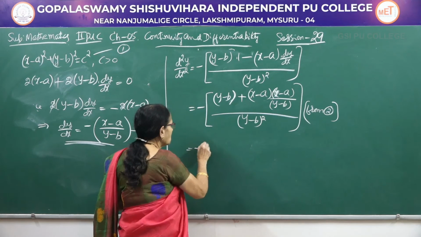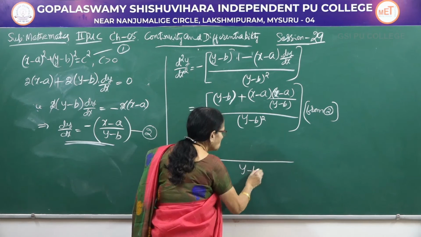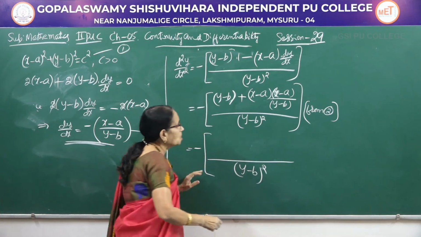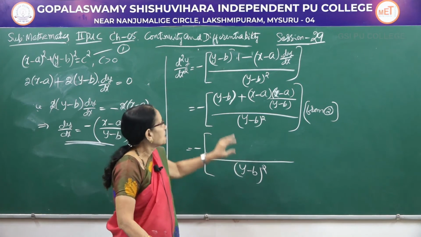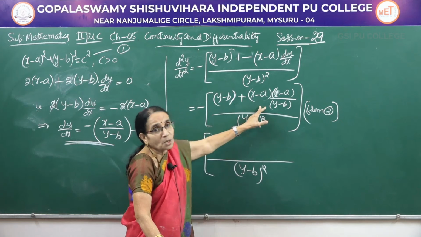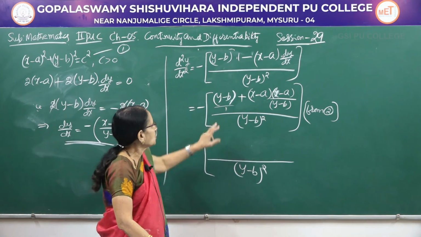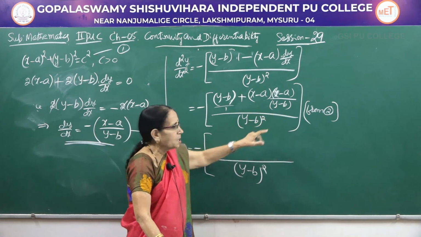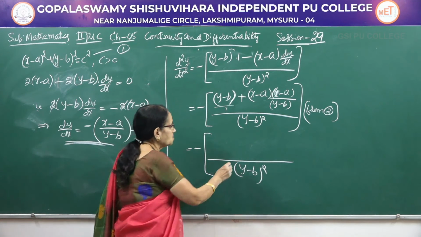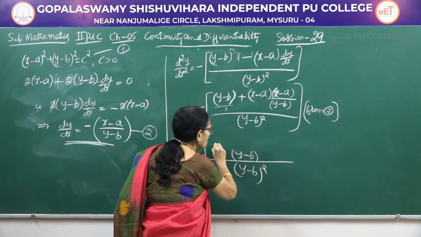Now here, keeping that minus sign outside, writing the original denominator as it is, look at the numerator. Here it is some fraction I am having. So it is the addition of fractions. Y minus b means it is y minus b by 1. So for LCM of 1 and y minus b, it is only y minus b is the LCM.